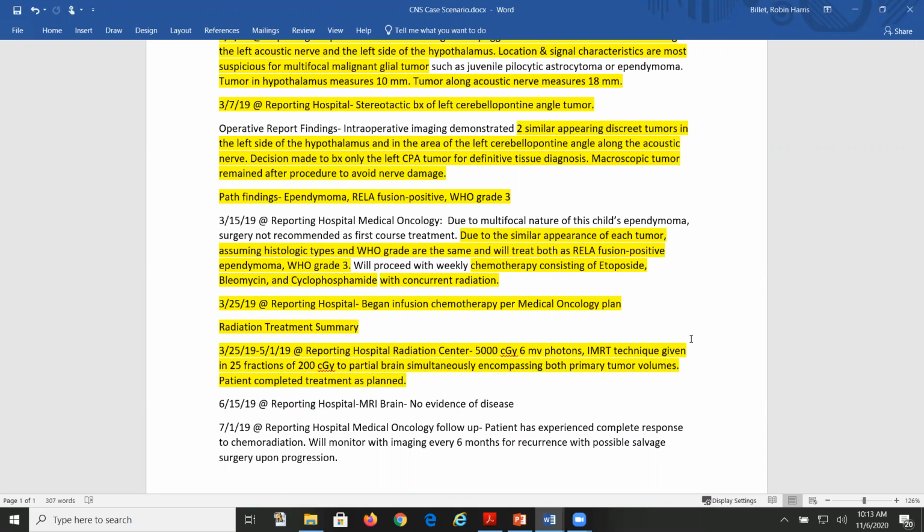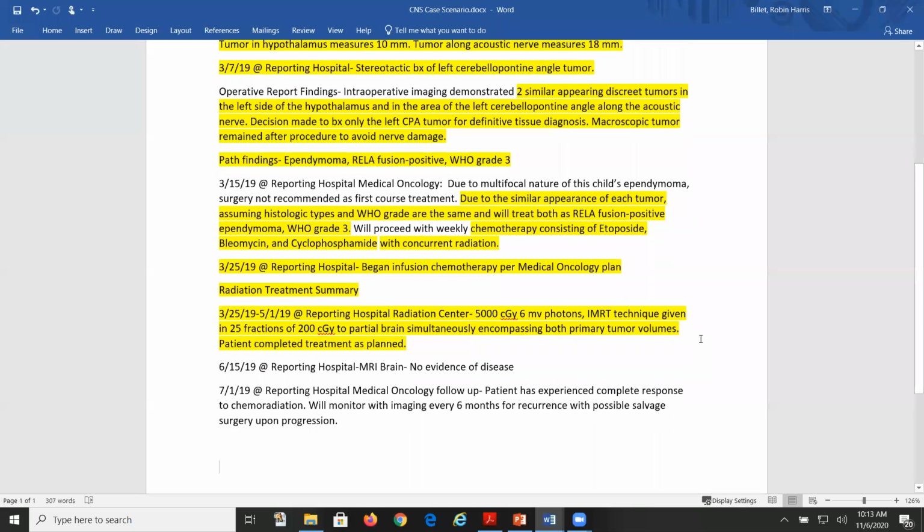Our follow-up MRI was negative for residual disease, and then our follow-up med-onc visit notes that the patient had a complete response to chemoradiation, and they will monitor every 6 months with possible salvage surgery upon progression.